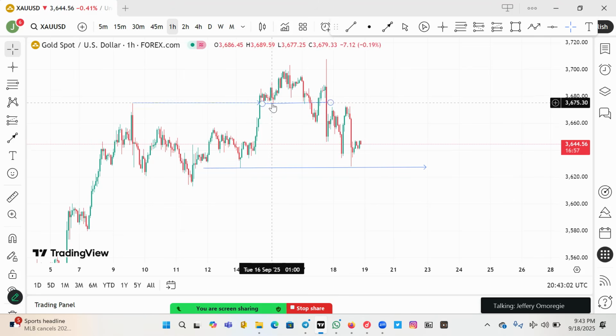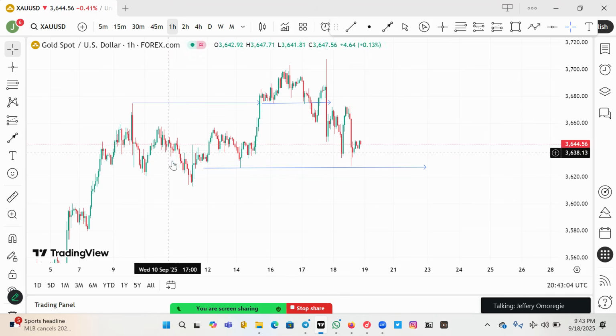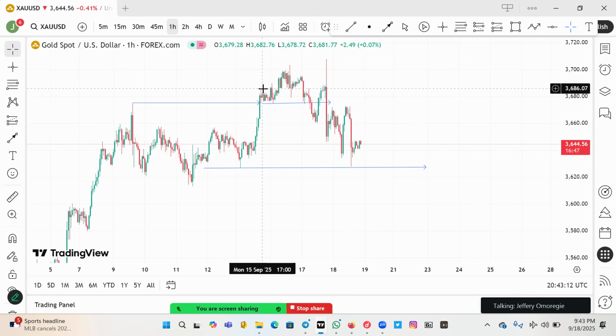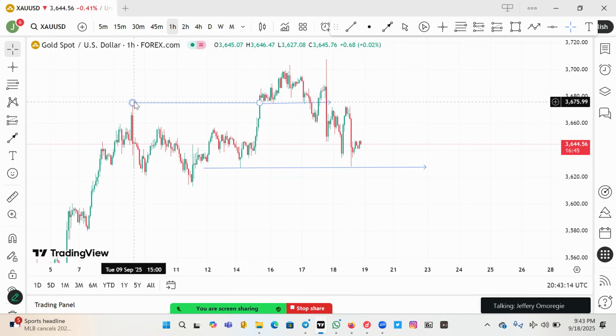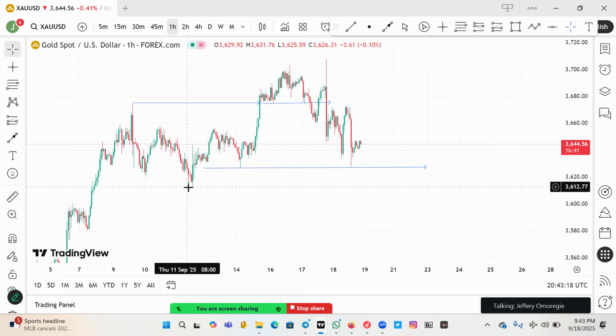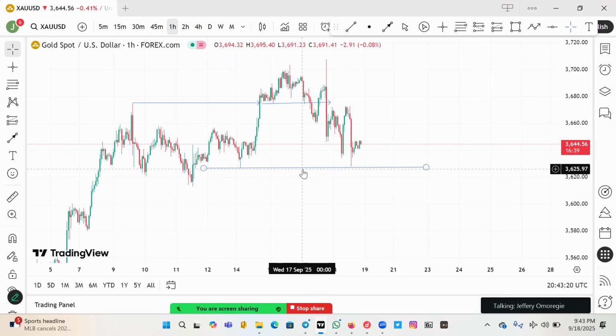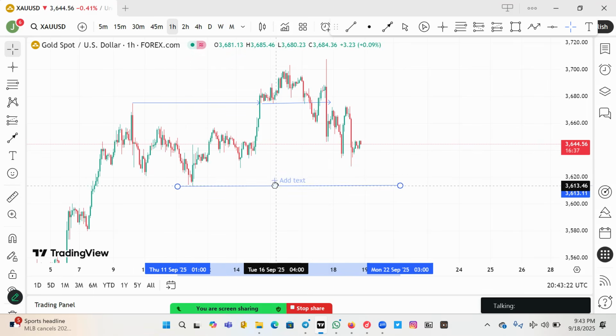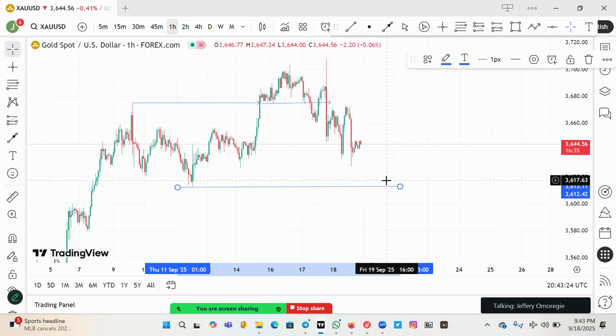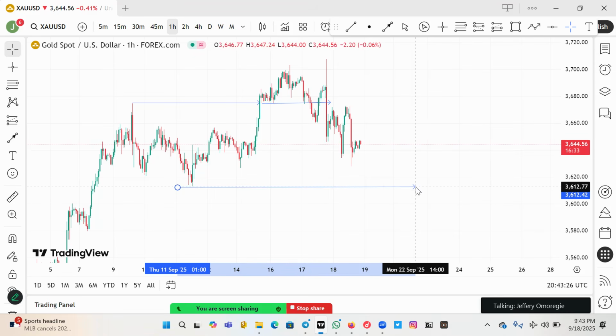If you trace it down, this was the lowest point it got to before it moved up to break structure. So you are connecting the high of the break of structure to the low of the break of structure. So here automatically is your second most valid break of structure, which is called your disruption.